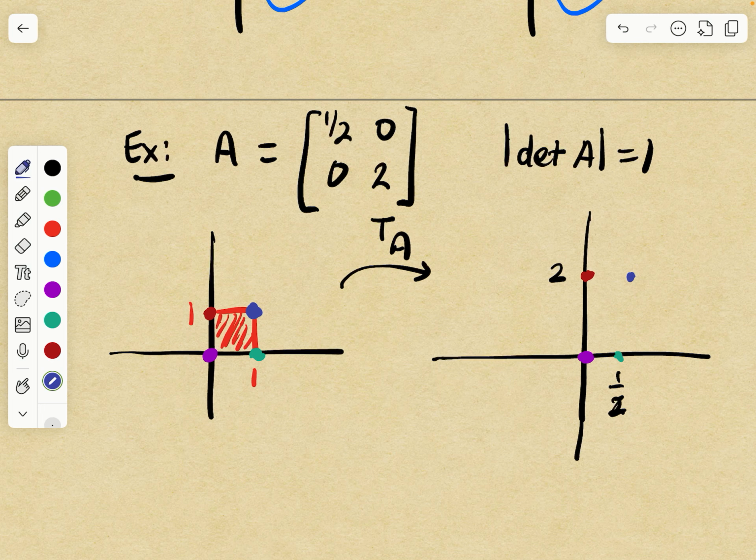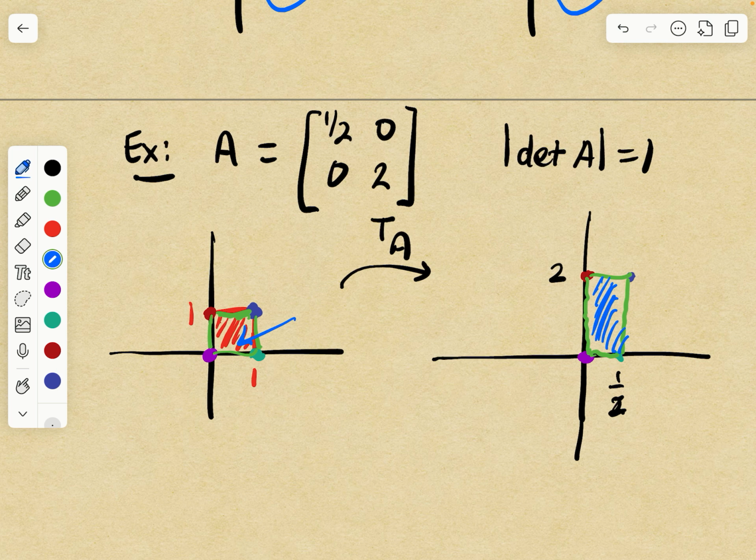And we know that these line segments are going to go to the corresponding line segments joining the vertices. That's a general fact about linear transformations. And the inside of this square is going to go to the inside of this rectangle. And so the image is going to be this.